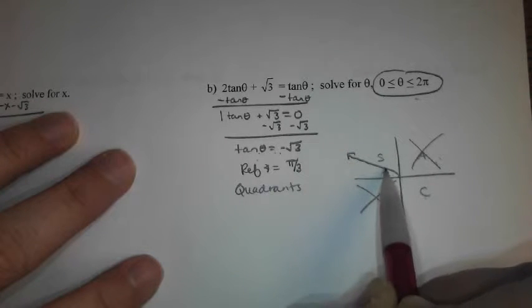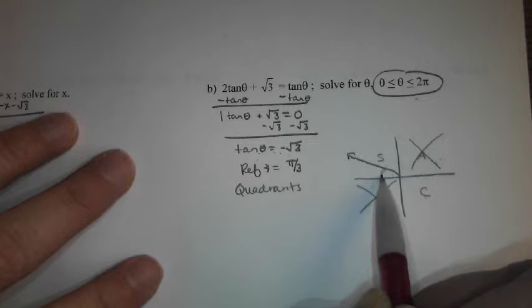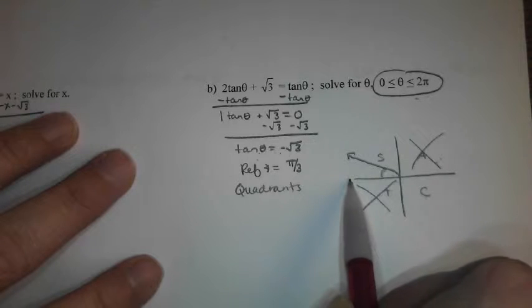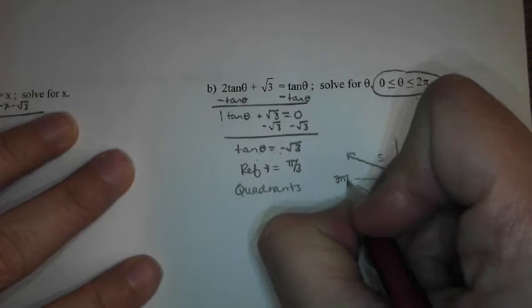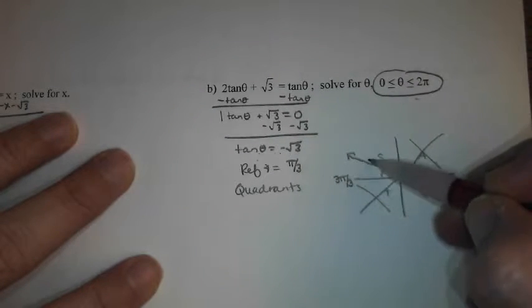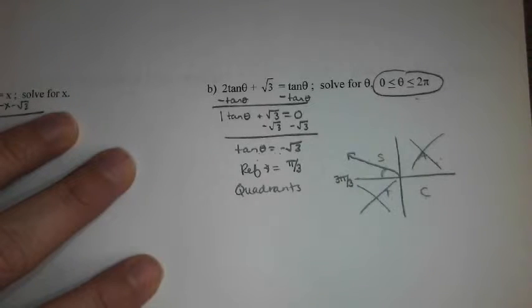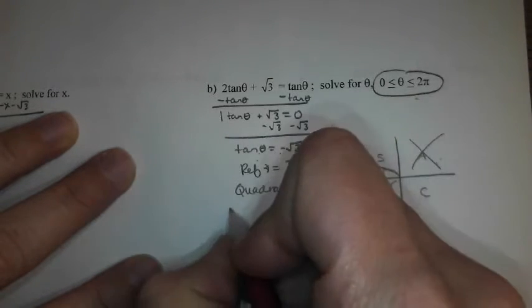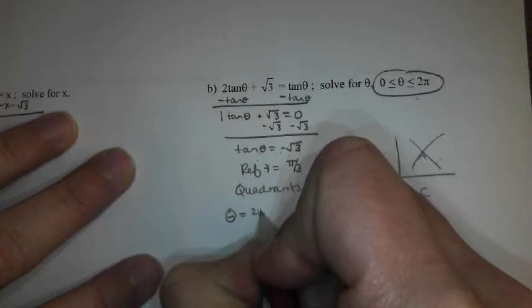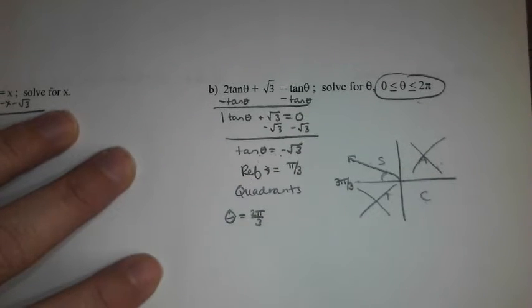So if this right here is pi over 3 as your reference angle, how do we label this one, first of all? 3 pi over 3. Good, Maggie. So what is one tick prior to 3 pi over 3? 2 pi over 3. So theta equals 2 pi over 3.